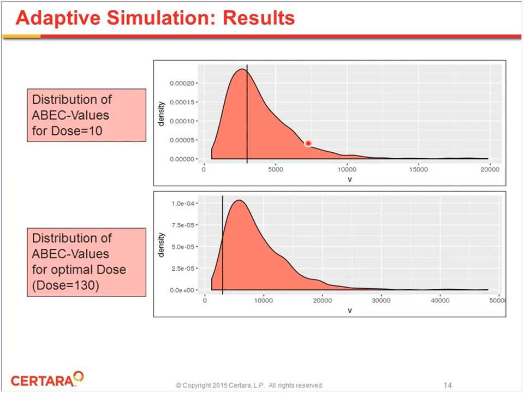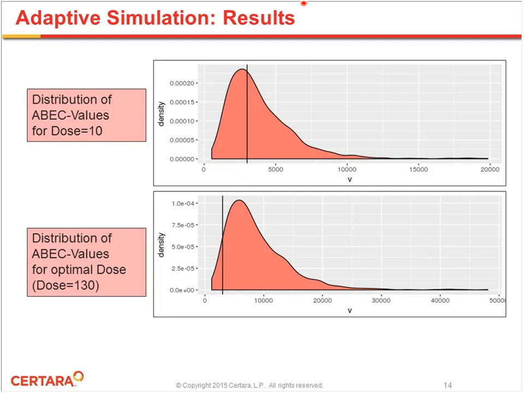And this plot clearly exemplifies, it's roughly in the middle, 50% below this target threshold, 50% beyond. And then we started the adaptive trial, and the trial reached the optimal dose at 130 units, and this was a final plot where you show the distribution of ABAC values and the vertical bar, which is a target, and this was a desired outcome.